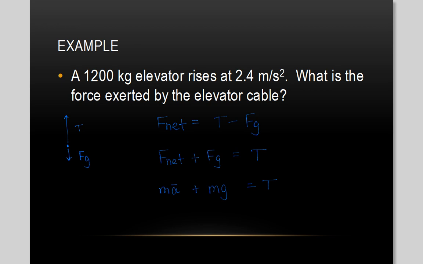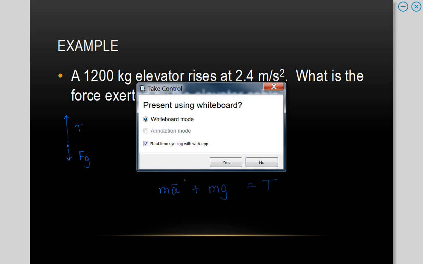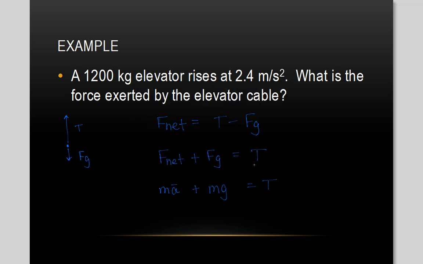What if there was no plus ma? What if it was just T equal to mg? Would it go anywhere? It would just be balanced, right? Now if you add on some net force, you add on some more force, it's going to rise. And that extra force is based on whatever the acceleration is.